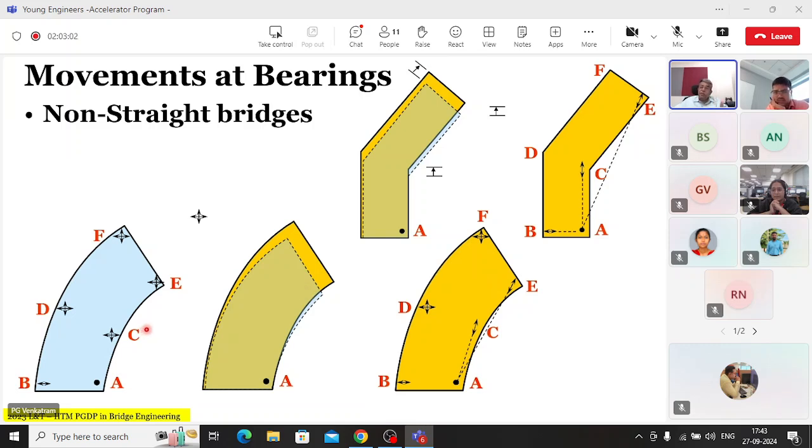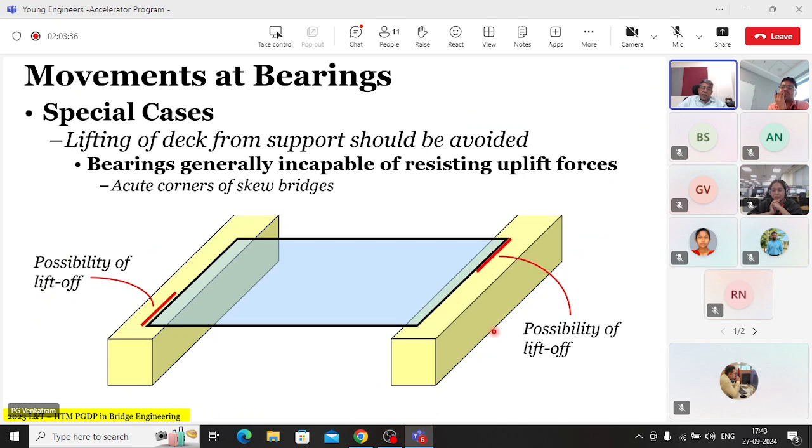Again, depending upon the nature of the movement, if it is volumetric, it will go in a certain fashion, and if it is linear like creep, it will go in a different fashion. So you need to make sure that you have the right kind of arrangement depending on which is causing the major movement. For example, if this movement is more or less straight like that, then you could also provide tangential here without any problem. But if on the other hand you have a curved deck which is going this way, then you need to provide the one which is radial for thermal movement. All these are issues related to the breathability of the deck.